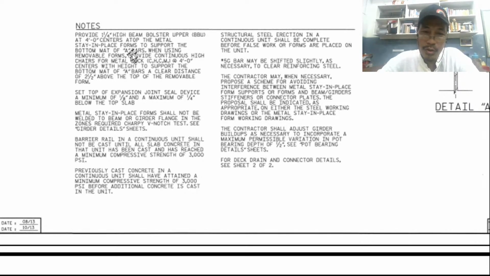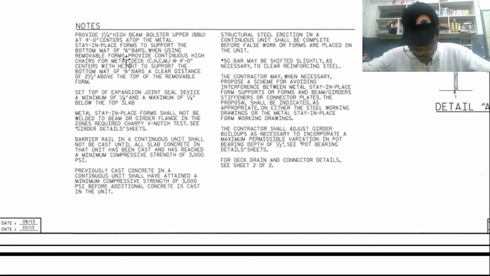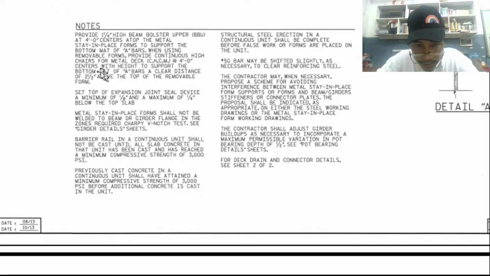What do we mean by mat? There are several reinforcing bars. If you are placing the bars during the start of the construction, placing the bars one after another, that is what we call matting of the steel bars. That is what we mean by bottom mat of A bars.